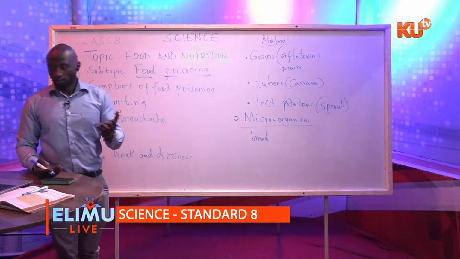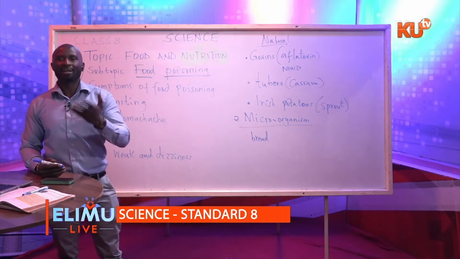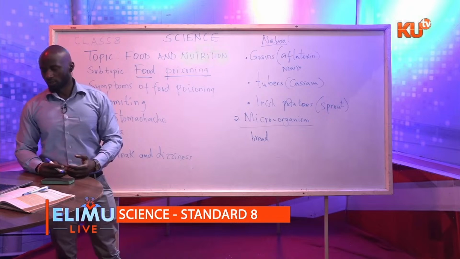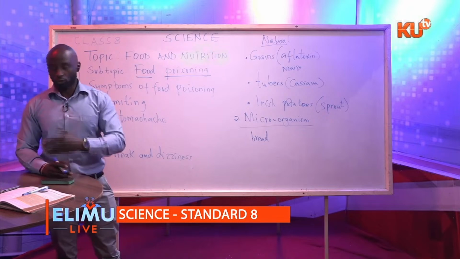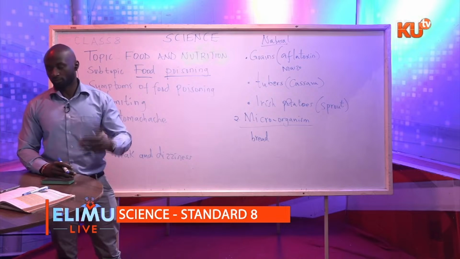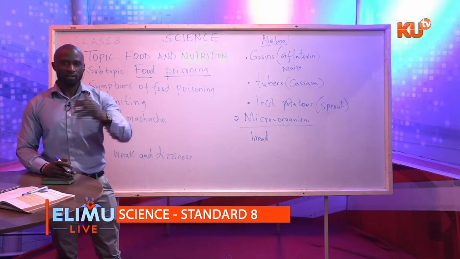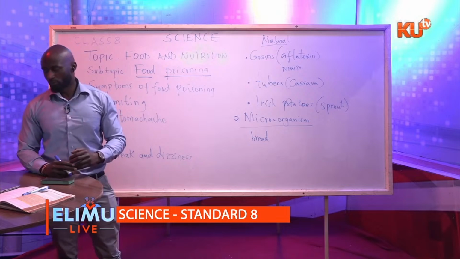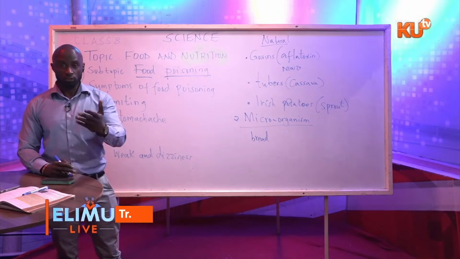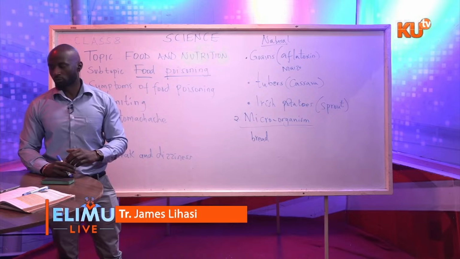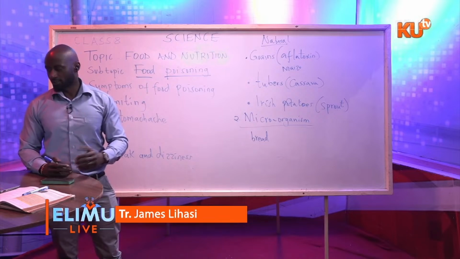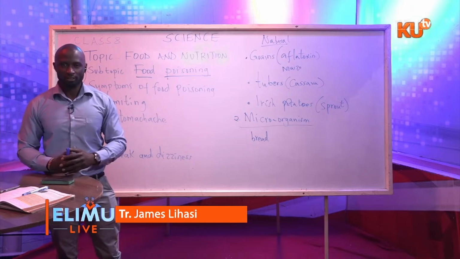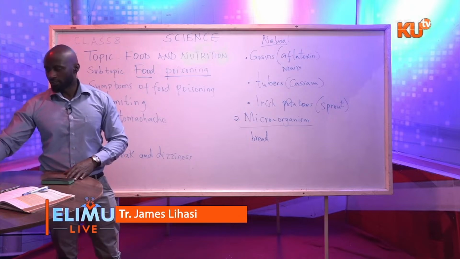Basically, boys and girls, we're going to look at the unhygienic practices of handling food that can lead to food contamination and hence food poisoning. And up there we talked of favorable, conducive conditions for growth of microorganisms, and we're looking at warmth, dirt, moisture, and definitely darkness.